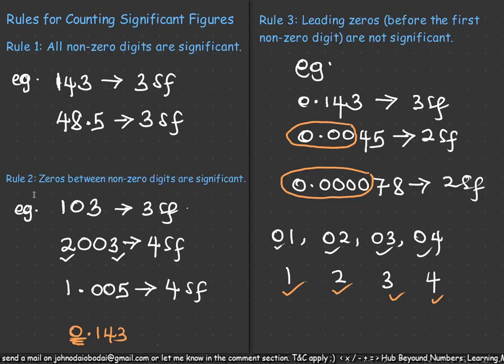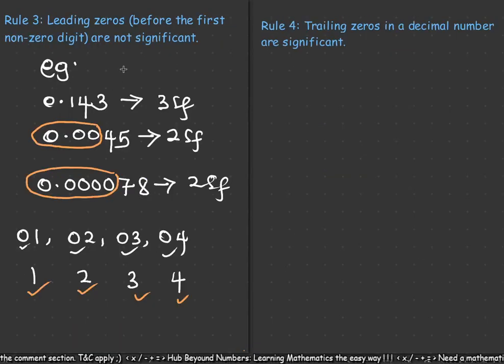So since we have looked at leading zeros, what of trailing zeros? That is zeros that end. Do we say they are significant or not? Let's look at that. Now, talking of trailing zeros, there are two types. There are trailing zeros in a decimal, and then there are those in whole numbers.